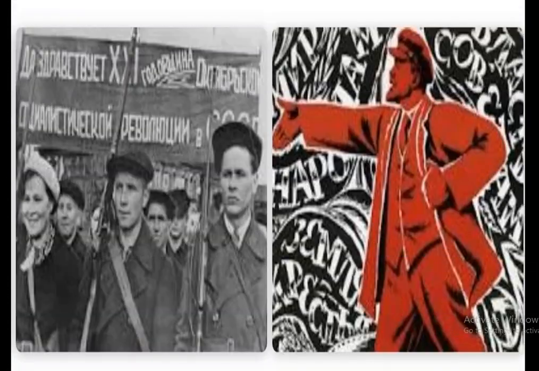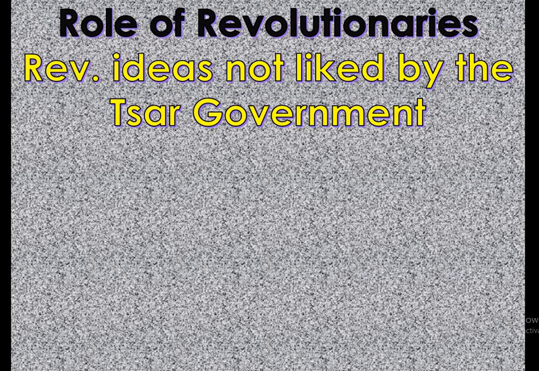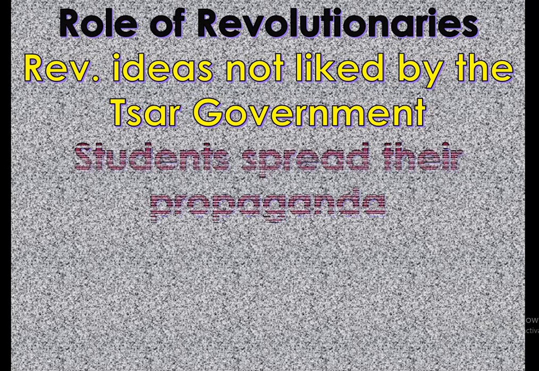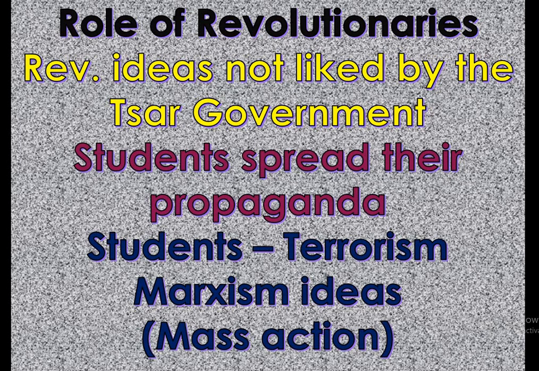What was the role of revolutionaries? Revolutionaries started to spread their ideas among the people. This was not liked by the Tsar government. The government also encouraged the students to spread their propaganda to the peasants.